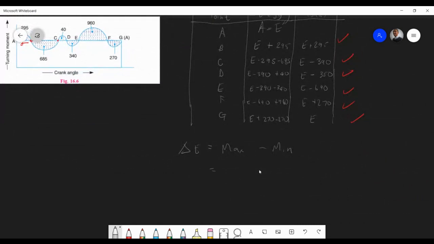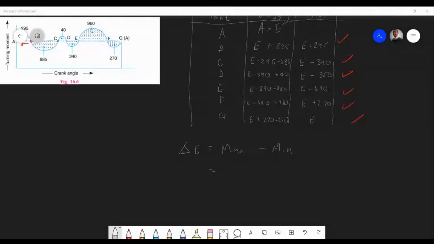What's the maximum energy? Is it at C? Nope. It's at B, plus 295, and the lowest one is at E. You see, plus 295, that's a maximum plus. It's bigger than 270, and the lowest one is minus 690.